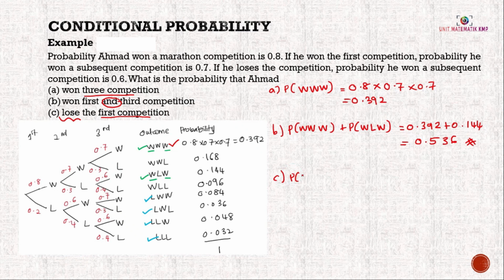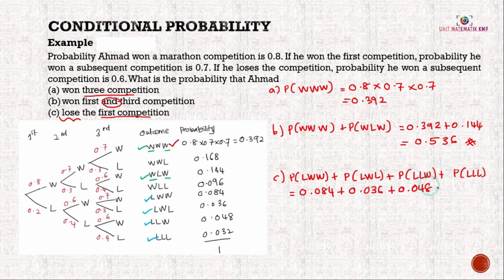So probability of LWW tambah LWL tambah LLW dan juga tambah LLL. Jadi kita masukkanlah dia punya probability. Okay, so the total is 0.2.